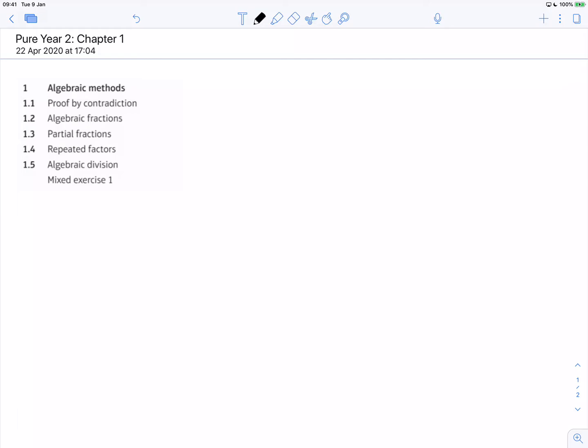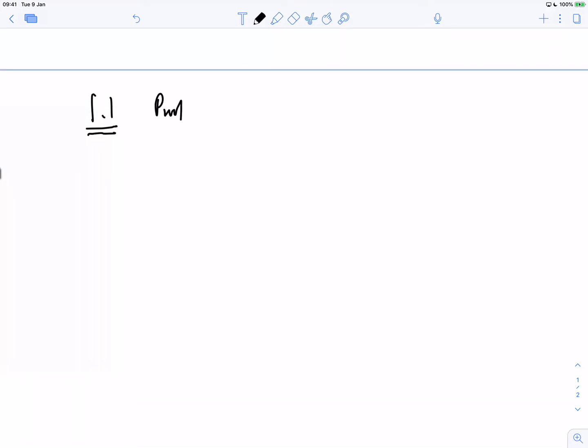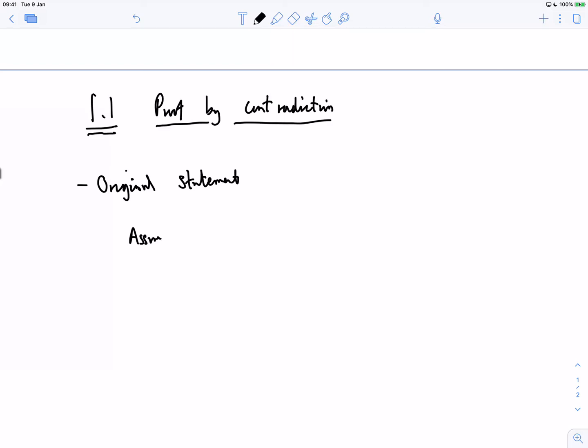So let's start with proof by contradiction. Okay, it's really easy. Proof by contradiction is a form of algebraic proof where the long and short of it is you have an original statement, a statement you're trying to test, or prove rather, and what you do is you assume the opposite or the inverse is true.